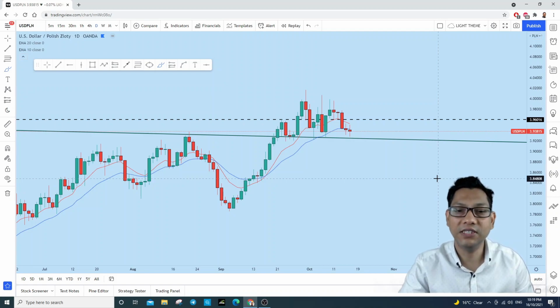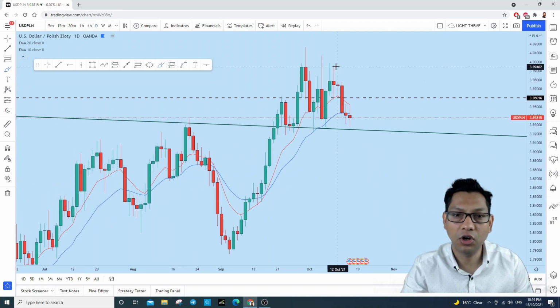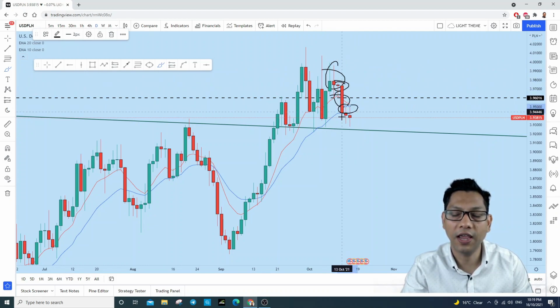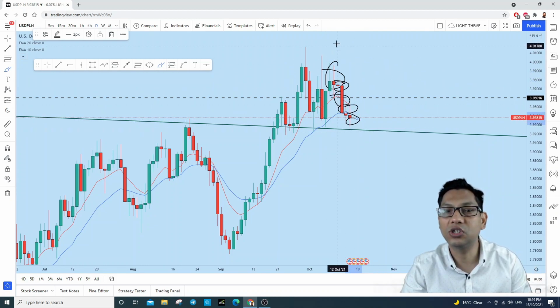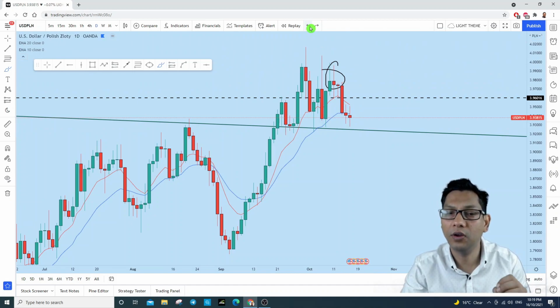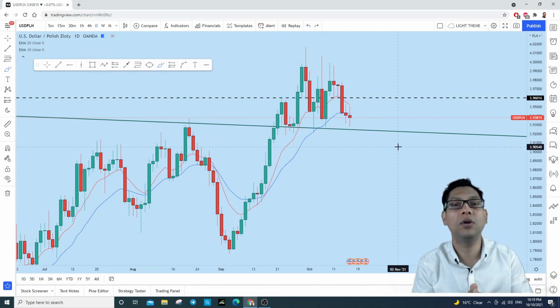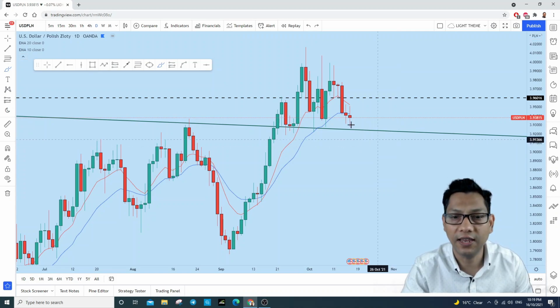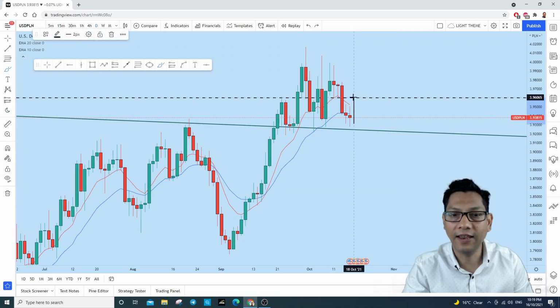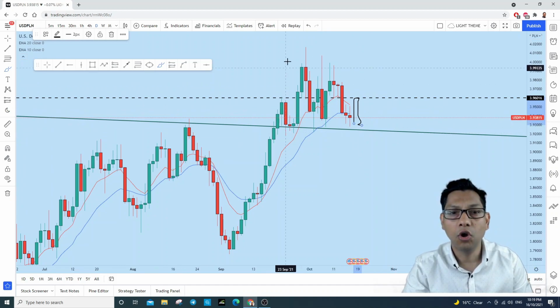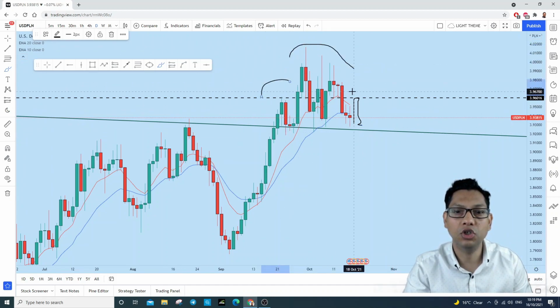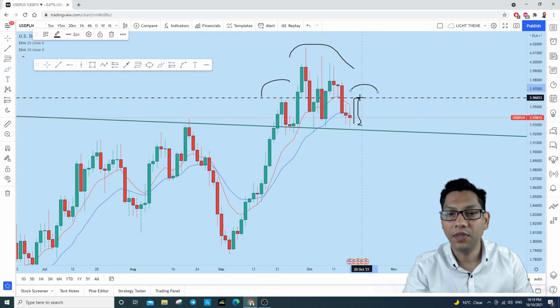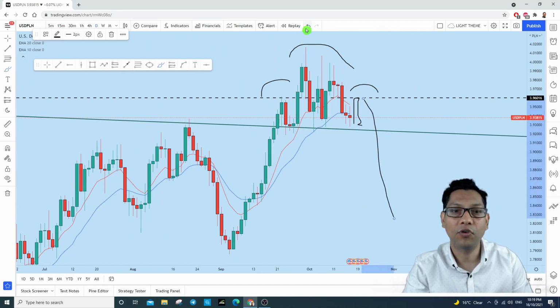Now let's go down to the daily time frame to see how we can capitalize on this move. On the daily, as you can see, after this doji candle the price is creating lower highs and lower lows, creating smaller dojis and moving to the downside. In the new trading week, we will basically be waiting for another green candle to the upside, or maybe a long wick candle, completing this head and shoulders pattern, and then we will take a short trade from this zone.